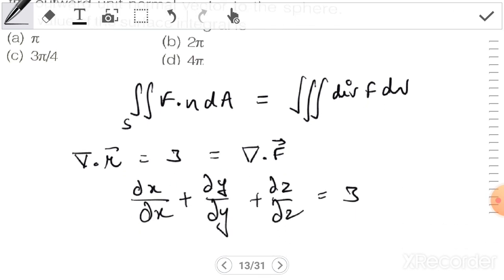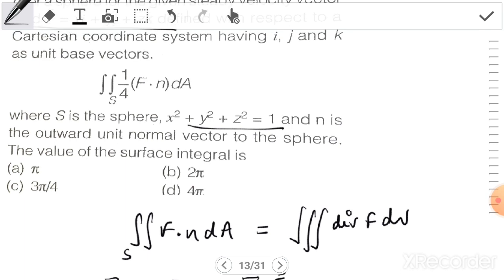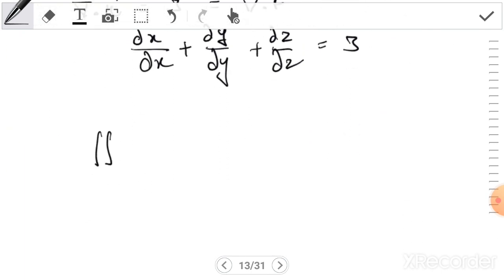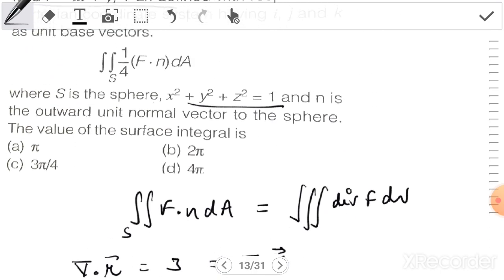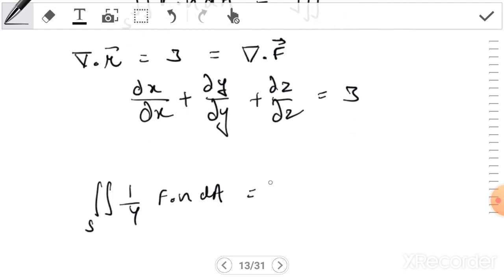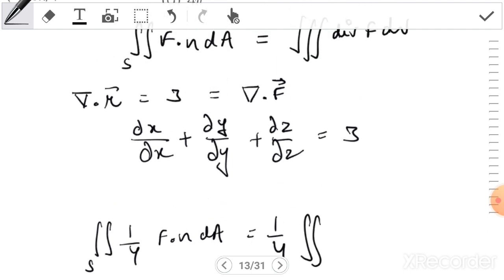Okay, so we need to find 1 by 4 times the surface integral of F dot n dA. So let's take 1 by 4 out and now we can write divergence F, which is 3, so 3 dV.